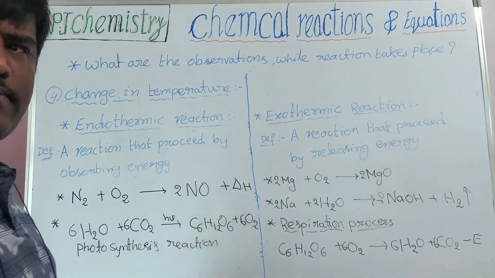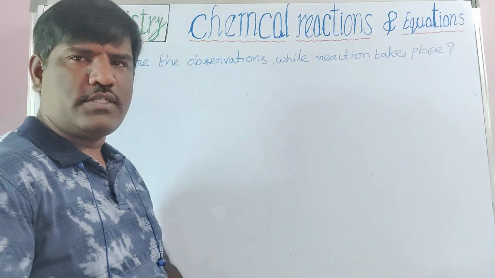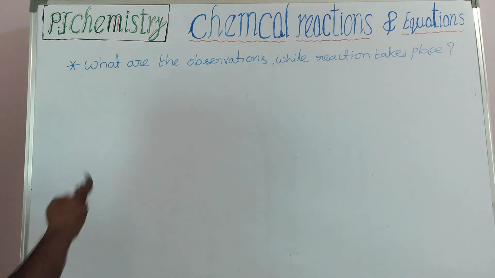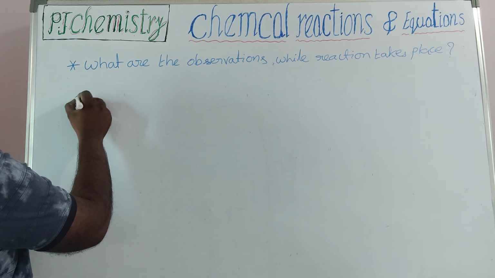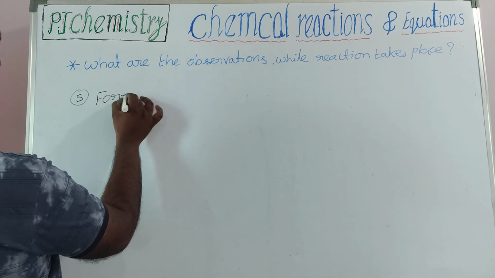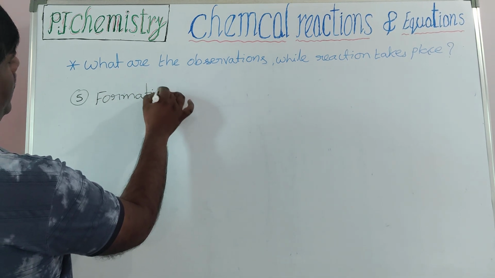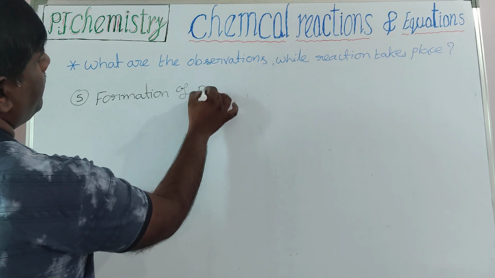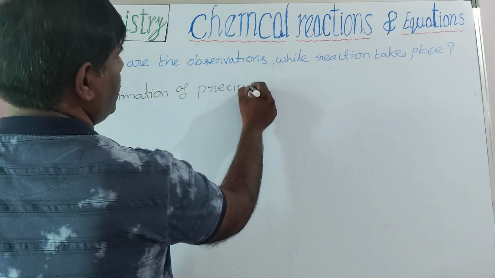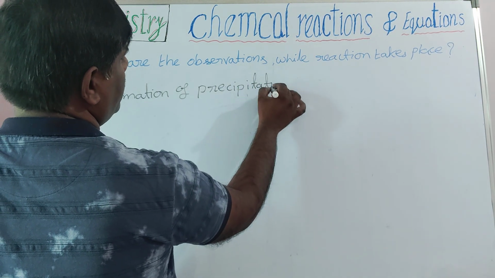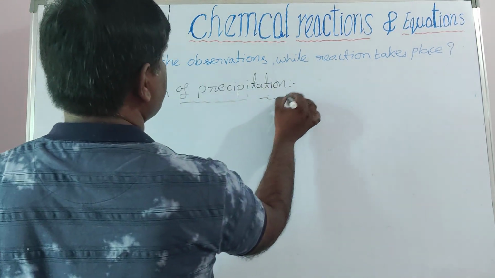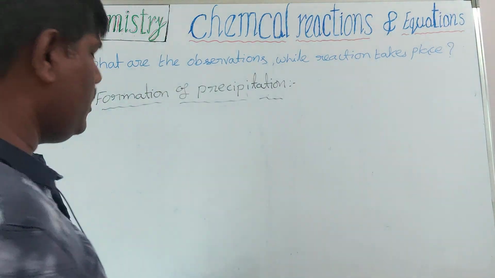Next change is formation of precipitation. Fifth change. Formation of precipitation is nothing but an insoluble substance formed in the product.